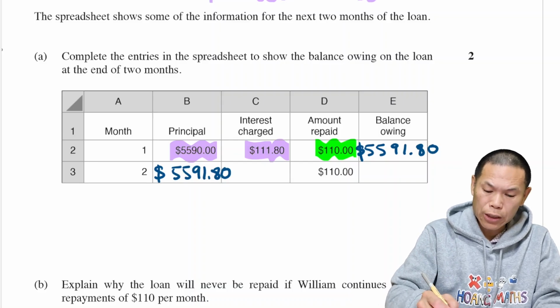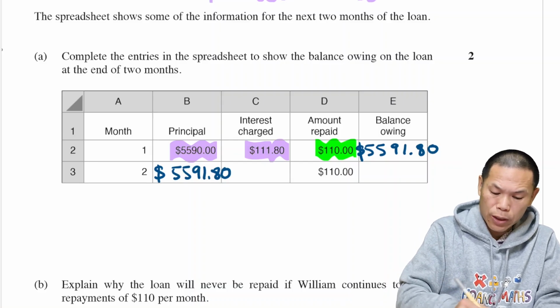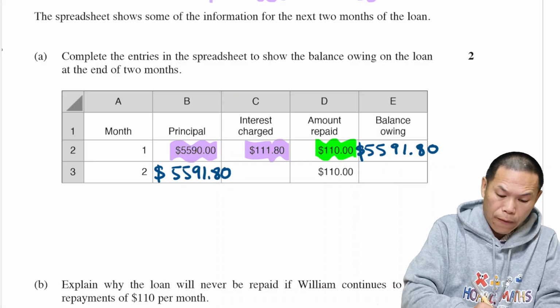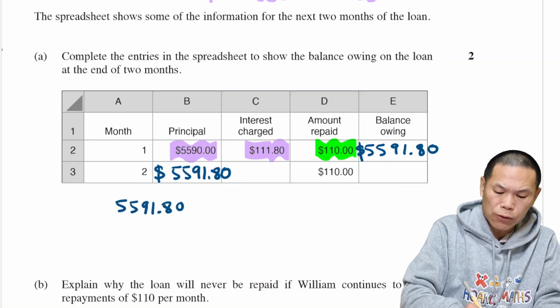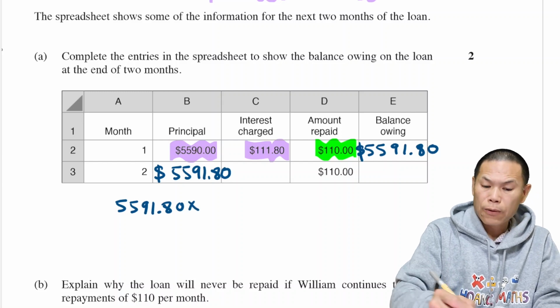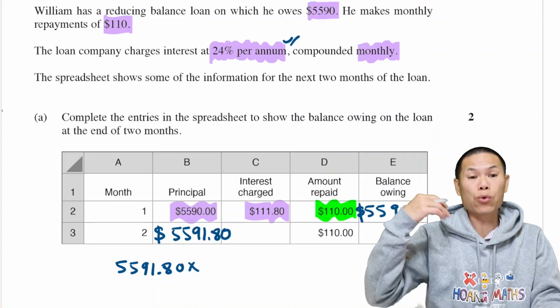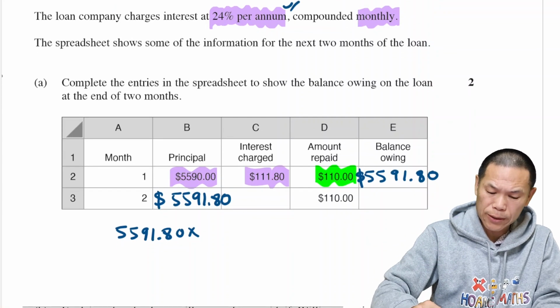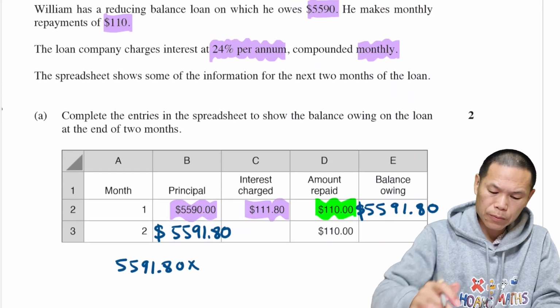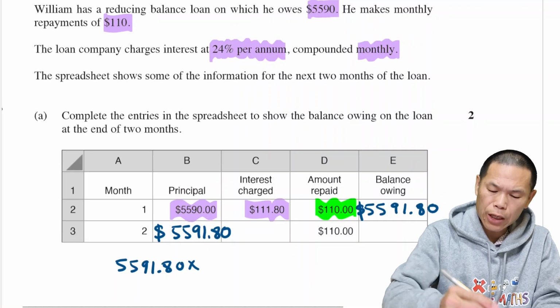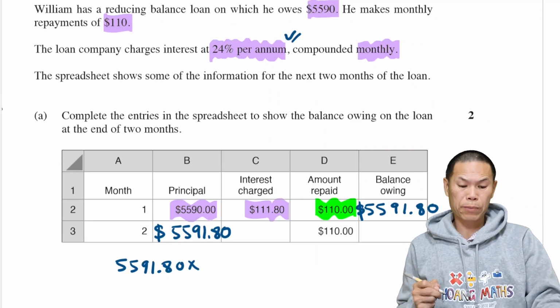Okay, so the interest is, I can just quickly write here, interest is 5,591.80. We times 24% per annum, but for 1 month, so 24 divided by 12 gives me 2.